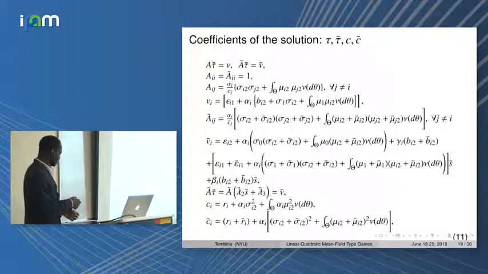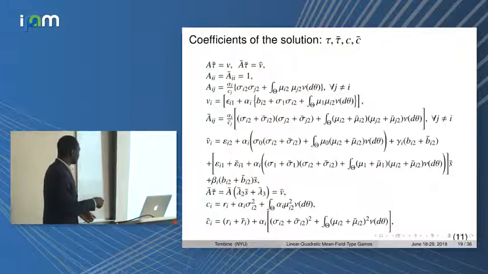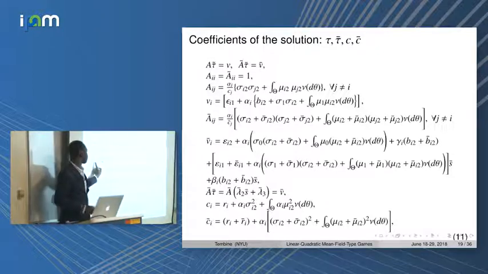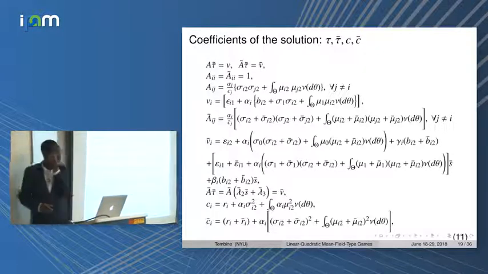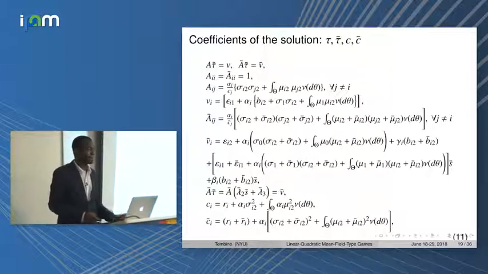Then you do the same thing for tau bar with V bar, and V bar is given here. The A bar is also similar to A because it's 1 on the diagonal, and in the off diagonal you have these terms.